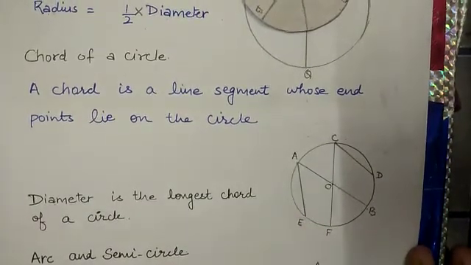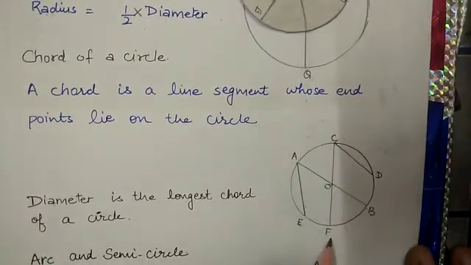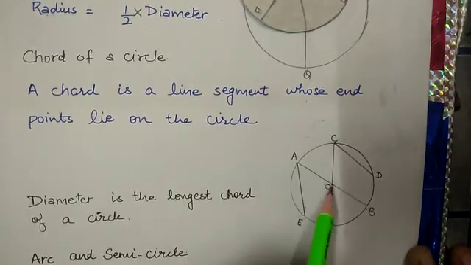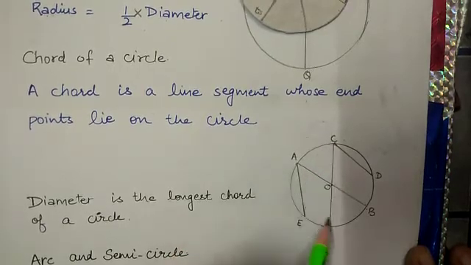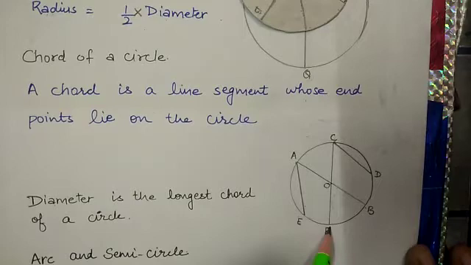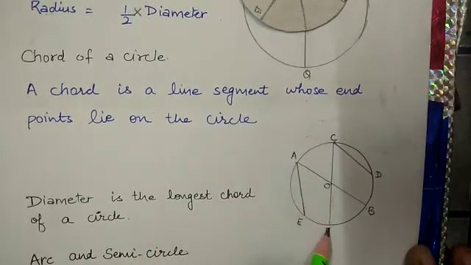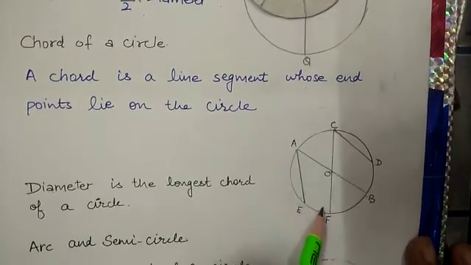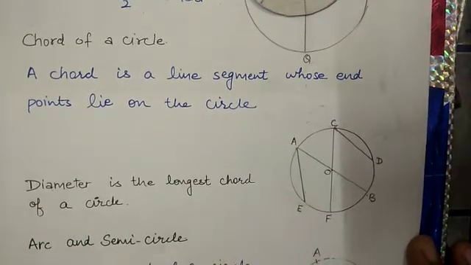And what we have observed, if we observe the line CF, it is passing through the center of the circle, and this line is also known as the diameter. So what we have observed, diameter is also a chord of a circle, and that is also known as the longest chord of the circle.